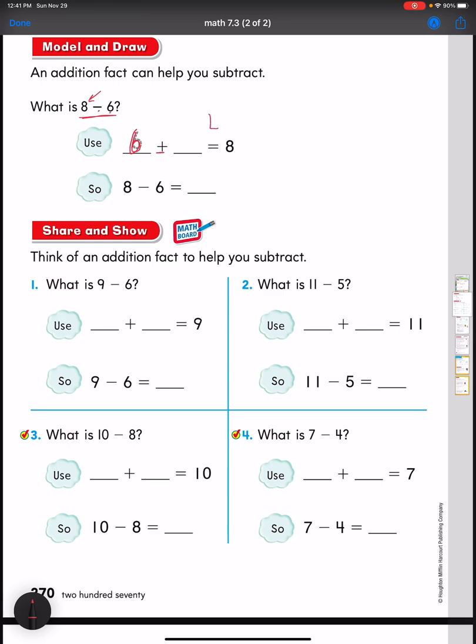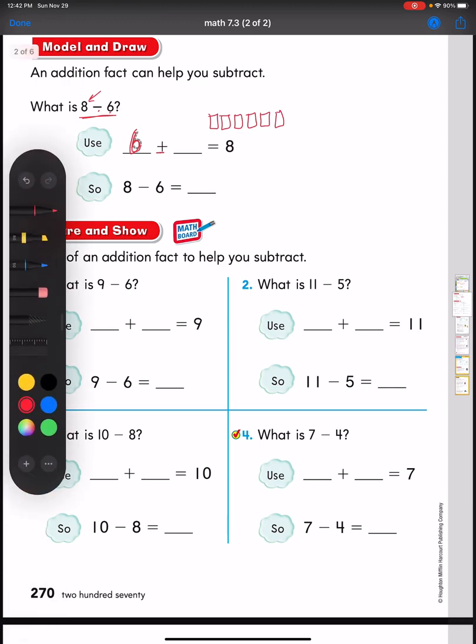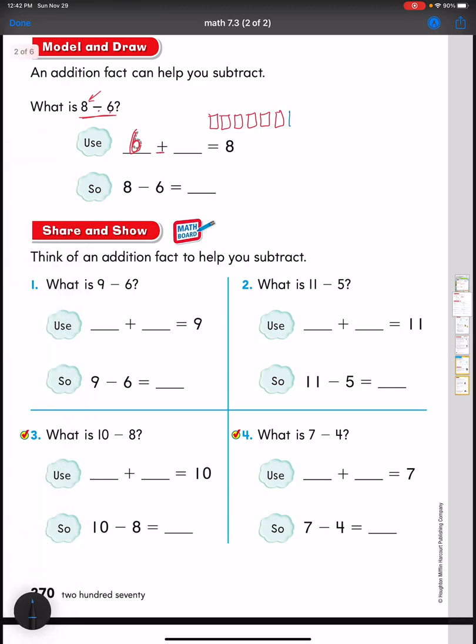I could use my blocks, 1, 2, 3, 4, 5, 6. And I could keep adding to it until I got to 8, 7, 8. I'm going to stop. How many did I add? I added 2.